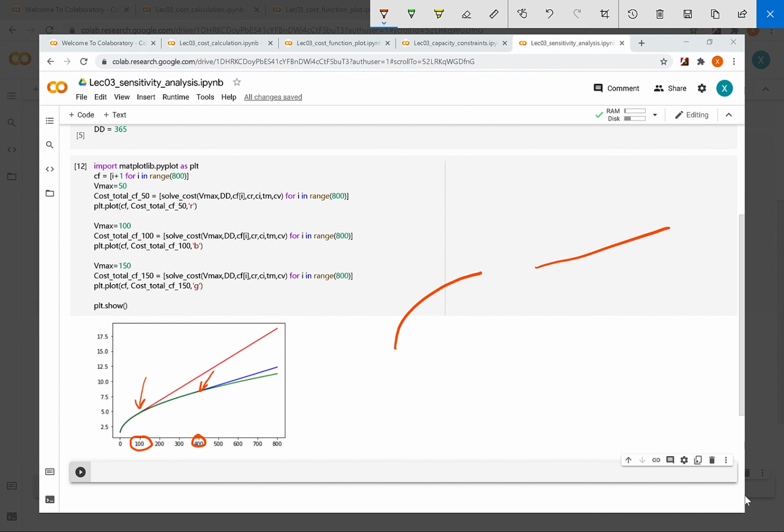And as you can see, which is very intuitive, when the capacity increases, this is 50, this is 100, this is 150, the total cost decreases because it will be bounded later as the cost increases. So this verifies our expression.